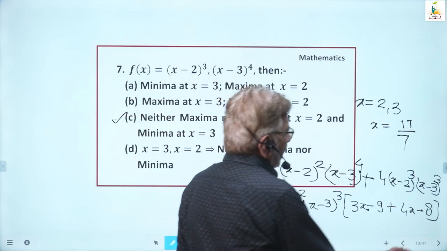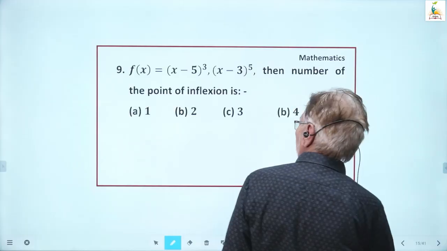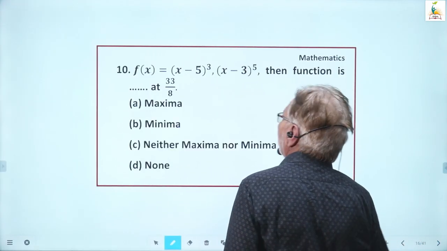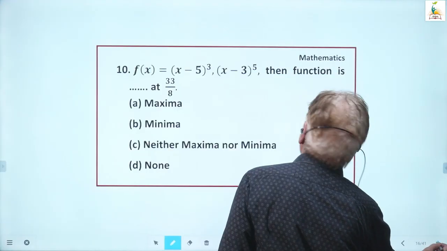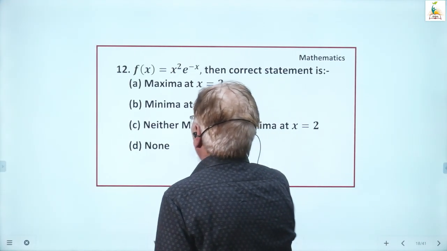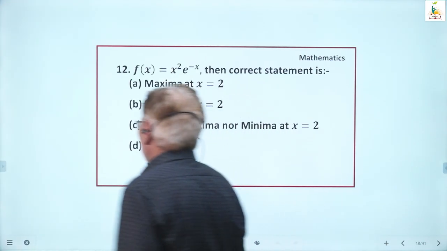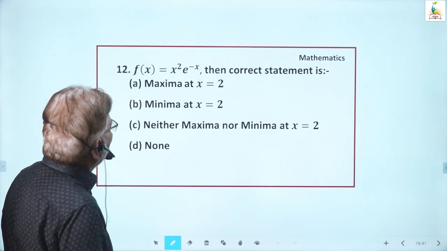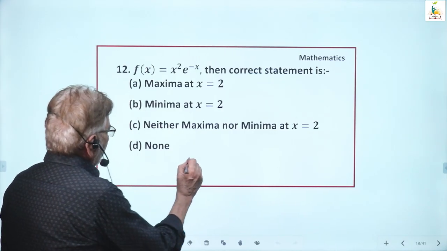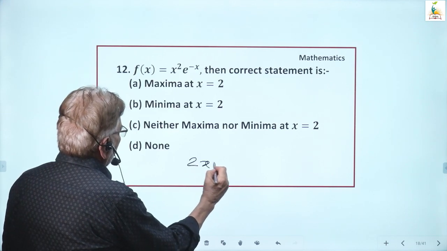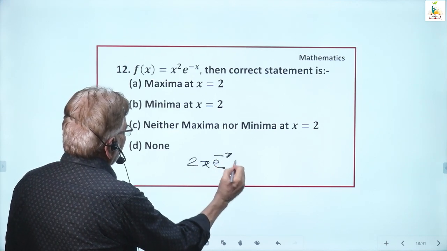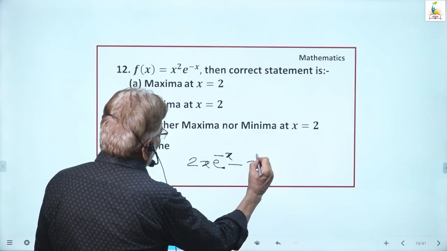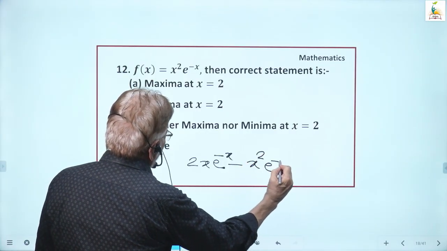Now let us see the next question. Same type of question is there. f(x) equal to x square e raised to minus x. Then the correct statement is: differentiate it, 2x e raised to minus x plus minus x square e raised to minus x.